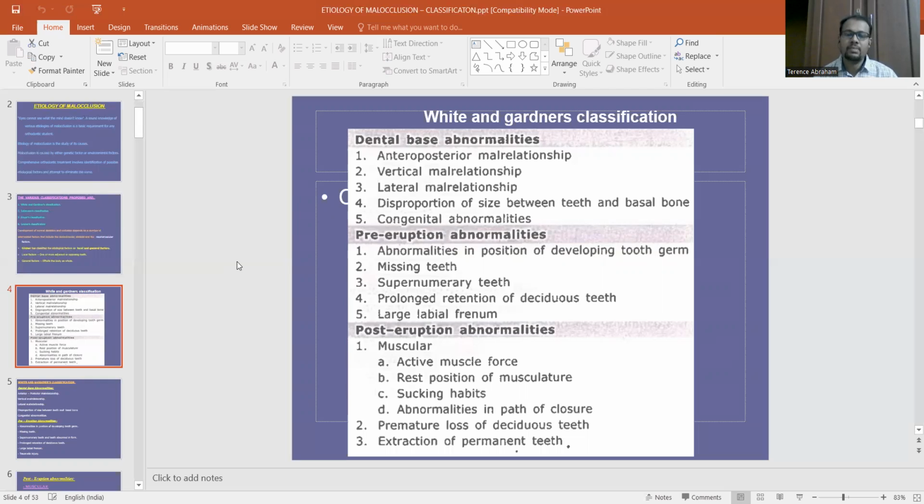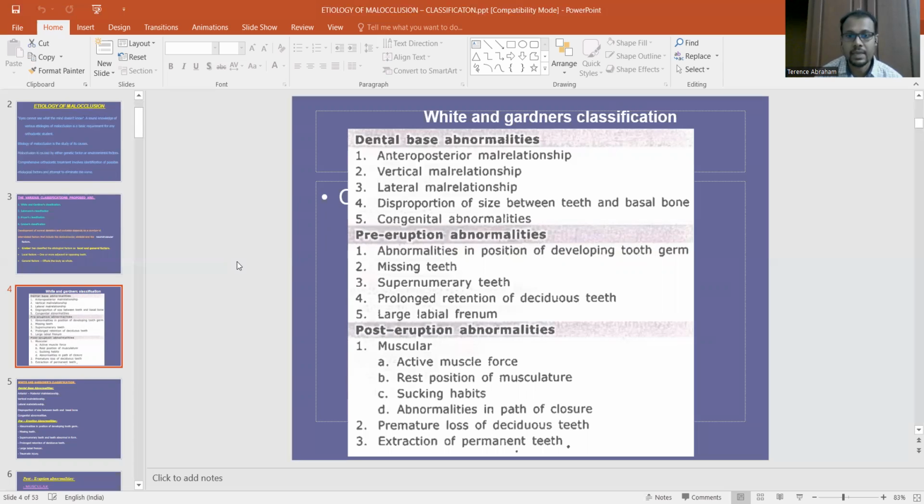He classified the causes in various planes of space: anterior-posterior malrelationship, vertical malrelationship, lateral malrelationship, disproportion of size between the teeth and basal bone, and then congenital abnormalities. All these five come under the dental base abnormalities.